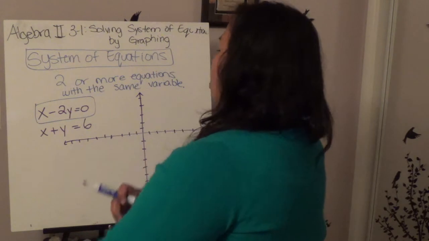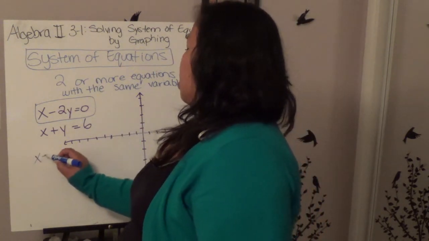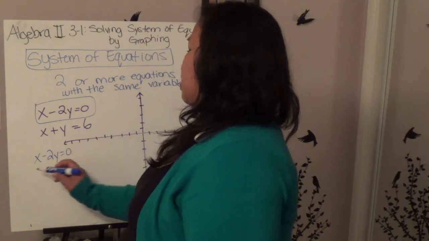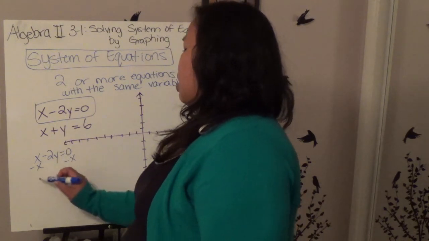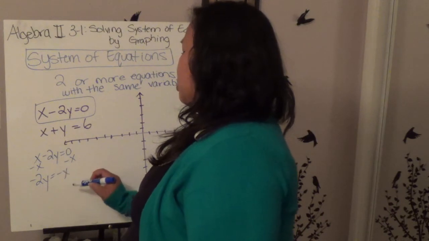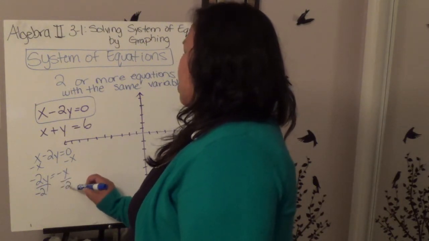Okay? So, we want to make it into y equals mx plus b. I'm going to subtract x on both sides, and negative 2y equals negative x, and then I'm going to divide both sides by negative 2.